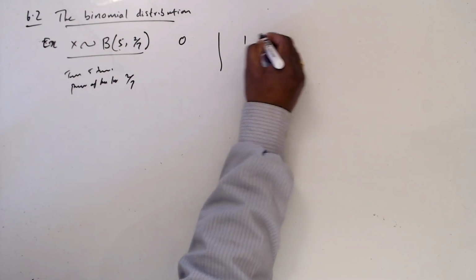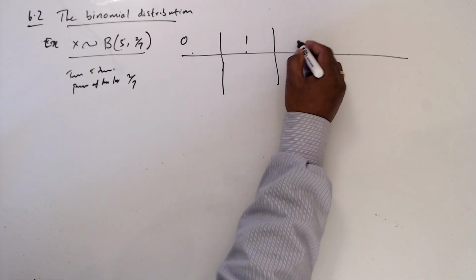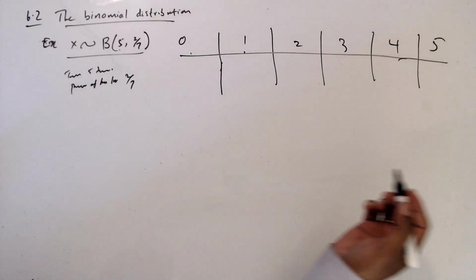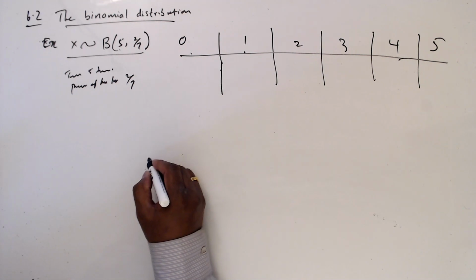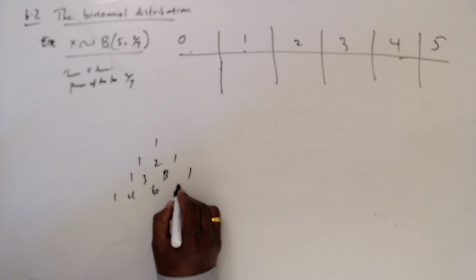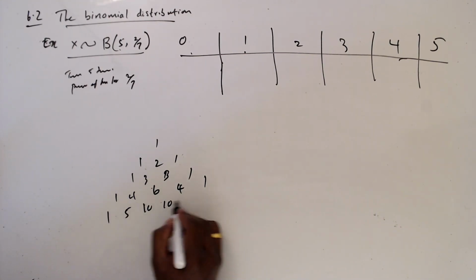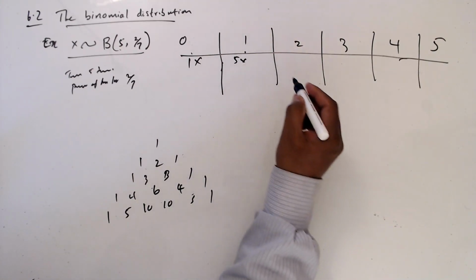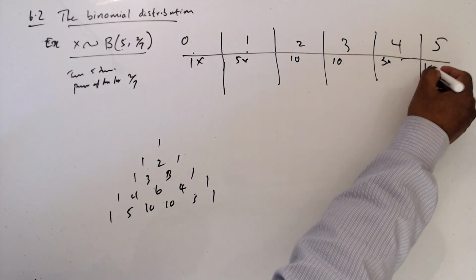So there are 6 options: either you can get 0, 1, 2, 3, 4, or 5. Then the binomial coefficients, from Pascal's triangle: 1; 1, 1; 1, 2, 1; 1, 3, 3, 1; 1, 4, 6, 4, 1; 1, 5, 10, 10, 5, 1. So this is 1 times, 5 times, 10 times, 10 times, 5 times, 1 times.